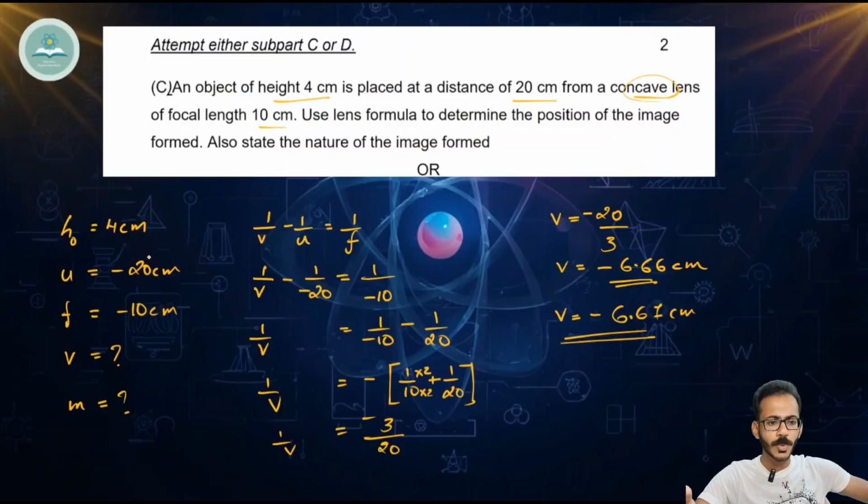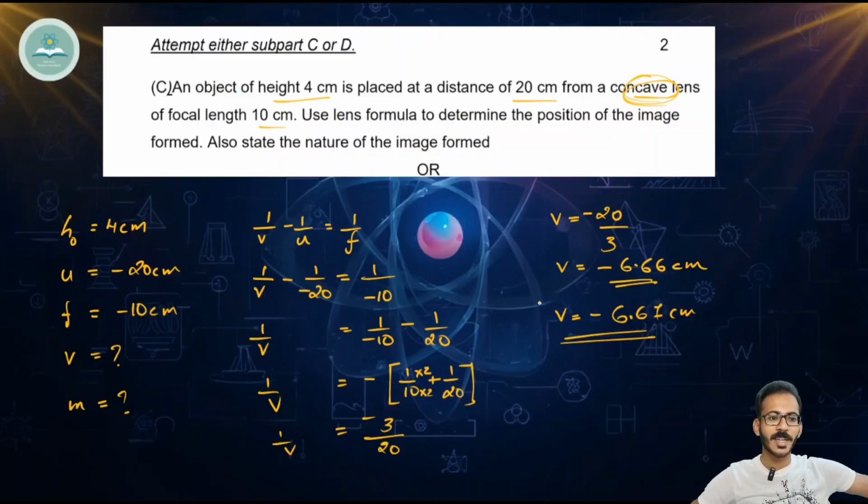Now we see the object was kept towards the left side. Here we have a minus sign, which means the image also is towards the left side. So the object and the image are both on the same side, and the lens used is a concave lens. As we already know, in the case of a concave lens, we'll always get a diminished image, which is virtual and erect on the same side, similar to a convex mirror.